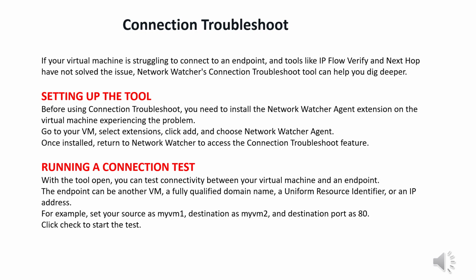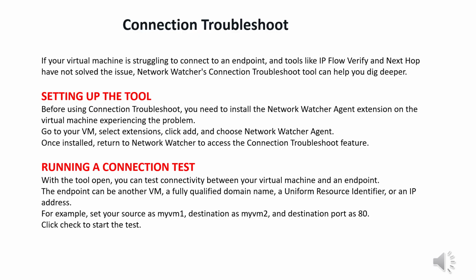Before using Connection Troubleshoot, you need to install the Network Watcher Agent extension on the virtual machine experiencing the problem. Go to your VM, select Extensions, click Add, and choose Network Watcher Agent. Once installed, return to Network Watcher to access the Connection Troubleshoot feature.